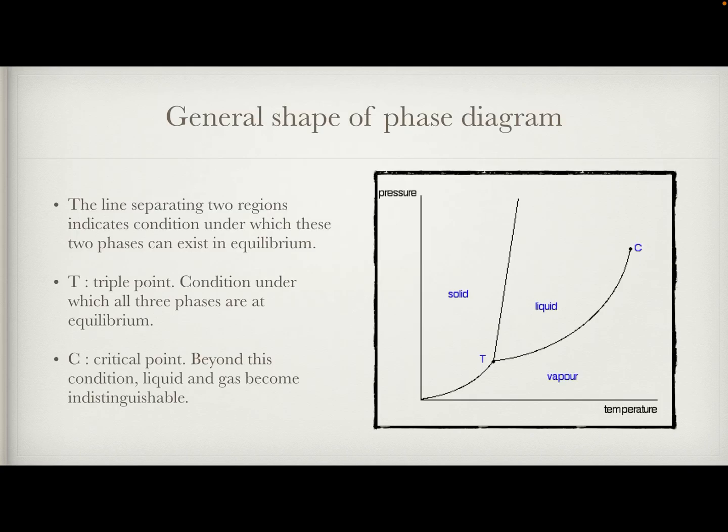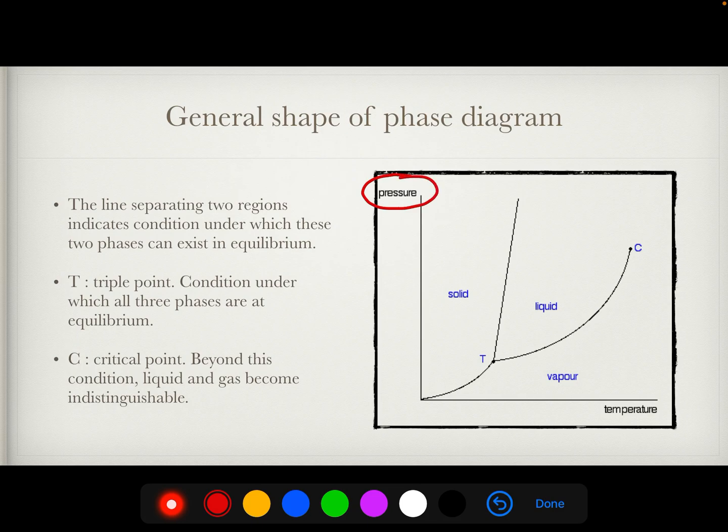Basically our phase diagram looks more or less like this. This is the general shape of a phase diagram. Like I have mentioned earlier, it is a graph of pressure versus temperature, and it shows us at which pressure and which temperature our substance exists in the form of solid, liquid and vapor.